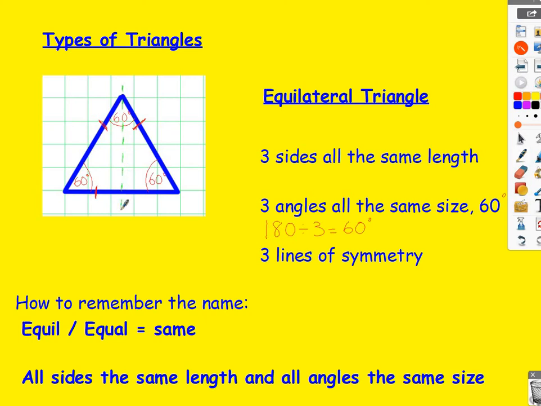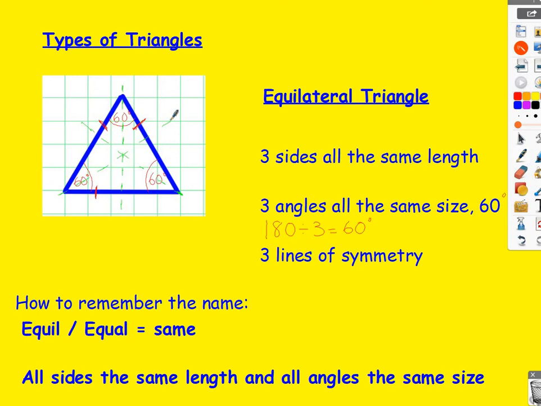Then if I go round to the next corner point, there's a line of symmetry from that corner point to the opposite side. And again with the 3rd corner point, a line of symmetry from that corner through to the opposite side. So 3 lines of symmetry on an equilateral triangle.